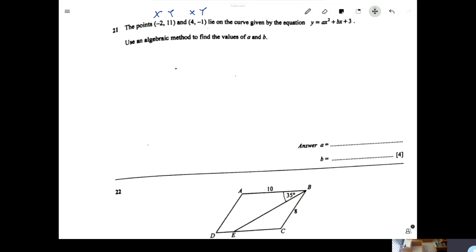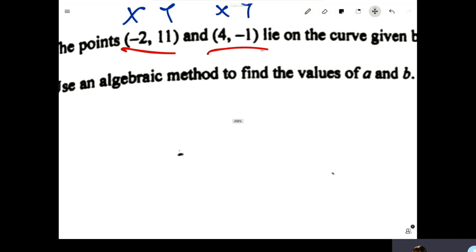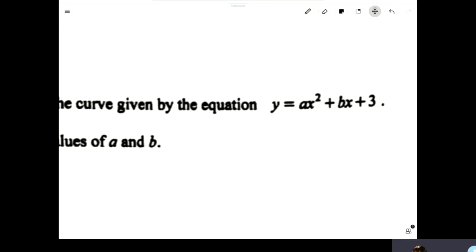So the points (-2, 11) and (4, -1) lie on the curve given by the equation y equals ax squared plus bx plus 3. So we have to use an algebraic method to find the values of a and b. The only way to do this is to use simultaneous equations, where you substitute these x, y values into here.